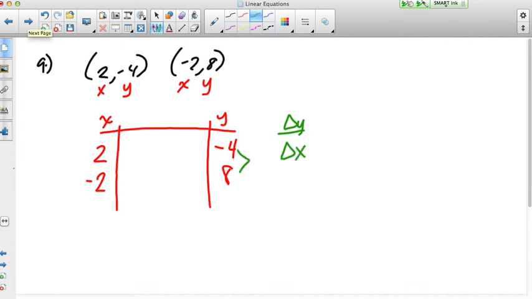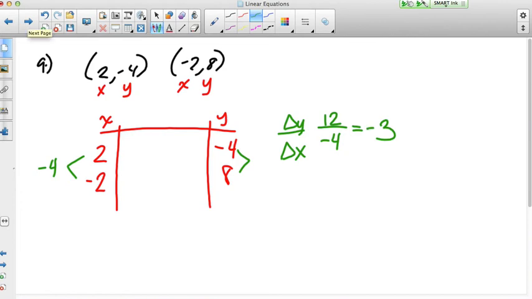So to get from negative 4 to 8, the y's are changing by 12. And the x's, to get from 2 to negative 2, are changing by negative 4. So my slope, 4 goes into 12 3 times, negative 3.